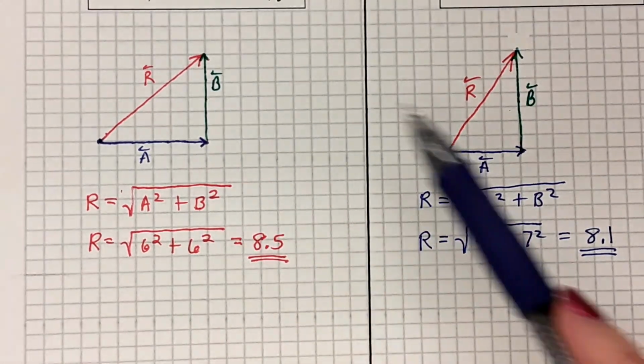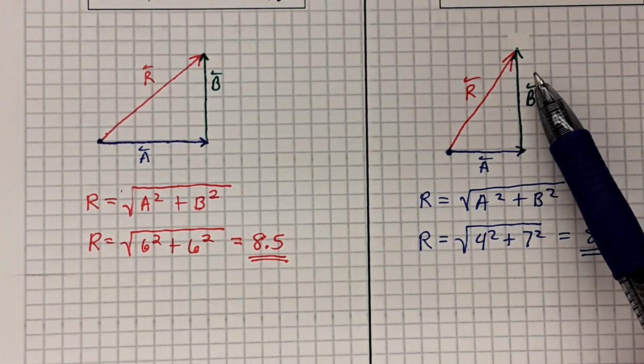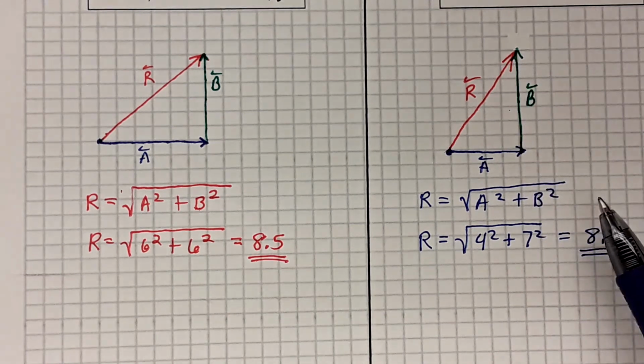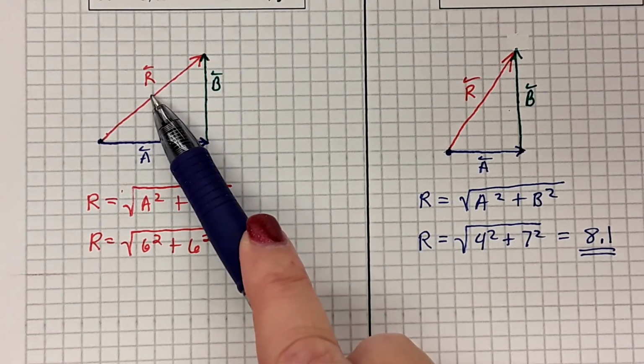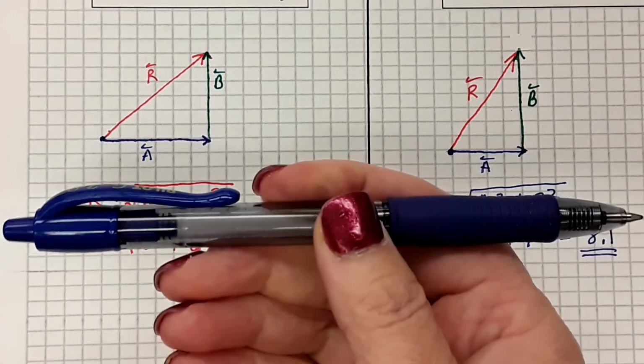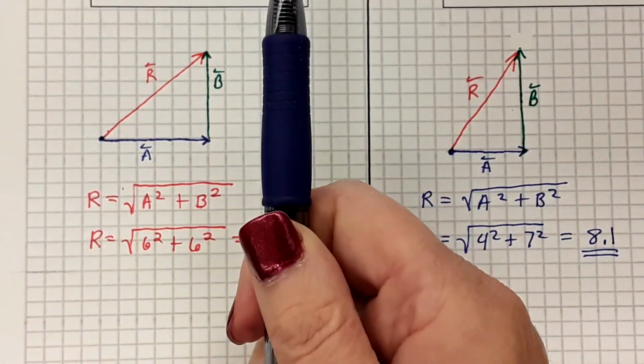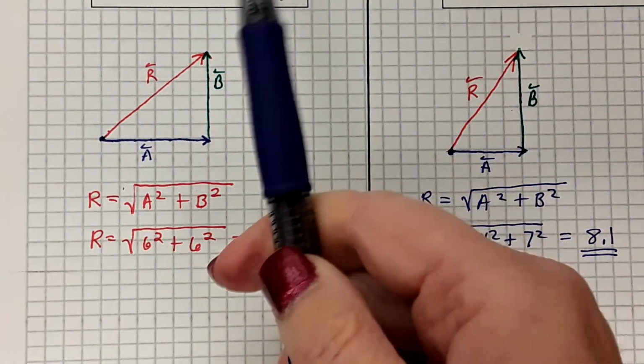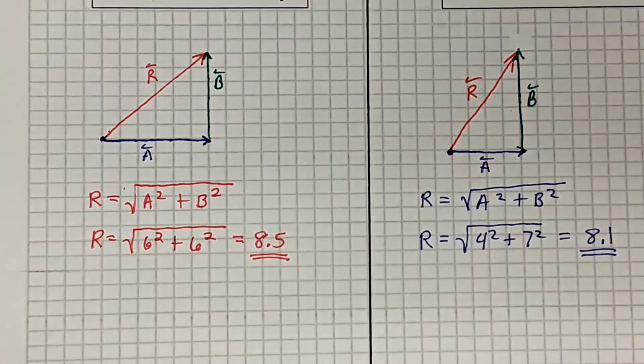Is it in the positive y direction? No, because vector B points directly up in the positive y direction. This doesn't. All right, so it's somewhere between to the right, or positive x, and straight up positive y. It's somewhere in between those two. But how far? That's where the right triangle trig comes in.